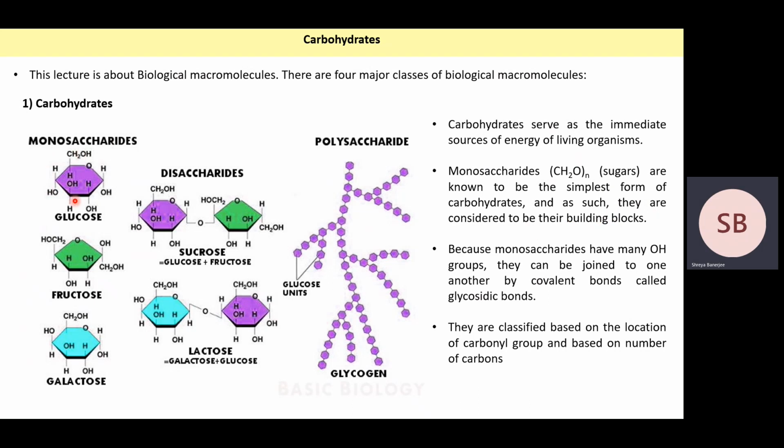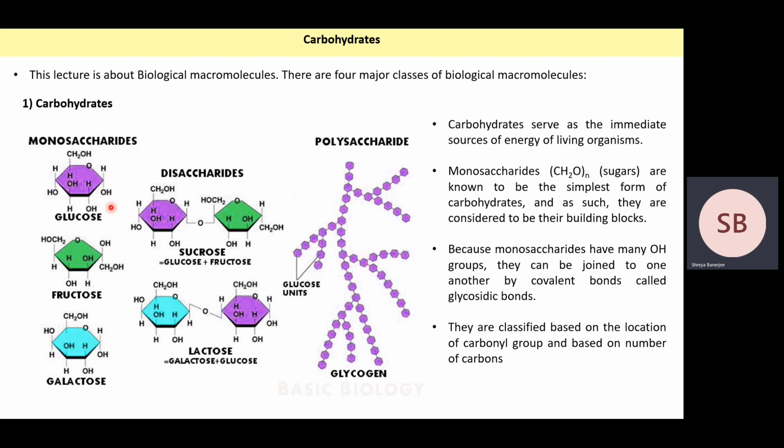So you can see this is the structure of glucose, fructose, which is a 5-membered sugar, and galactose. These are monosaccharides. Because monosaccharides have many OH groups, they can be joined to one another by covalent bonds called glycosidic bonds. So two monosaccharides come together and they lose a molecule of water.